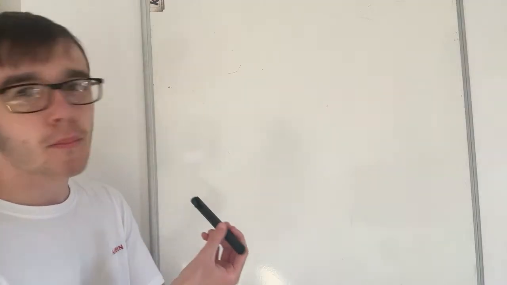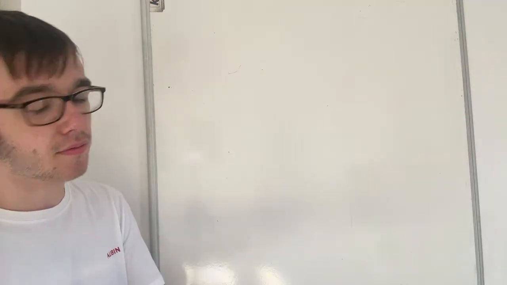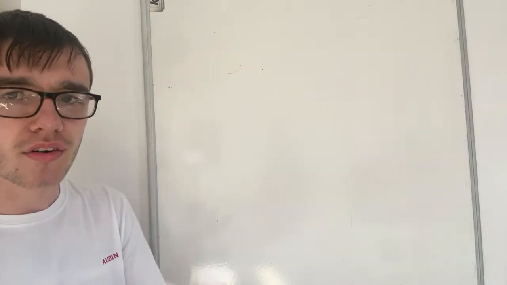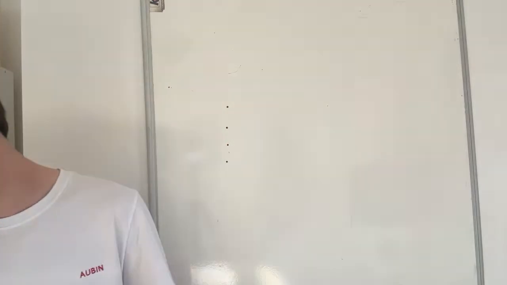I always write in bullet points for these extended response questions, these 4 to 6 markers. I don't know how many people do that, but it is a lovely thing to do.